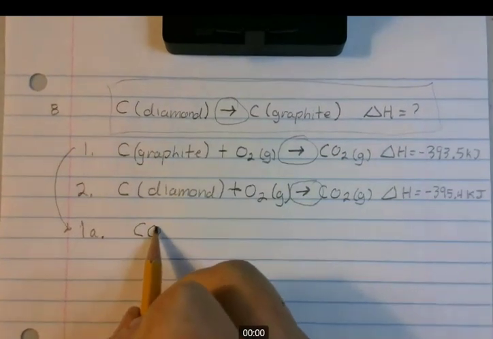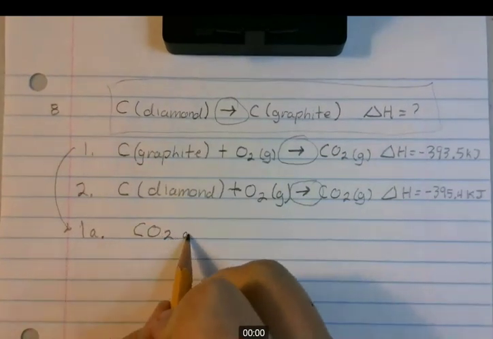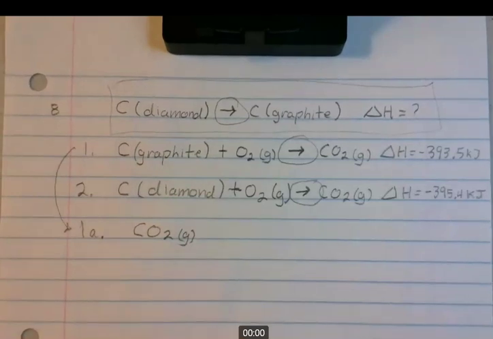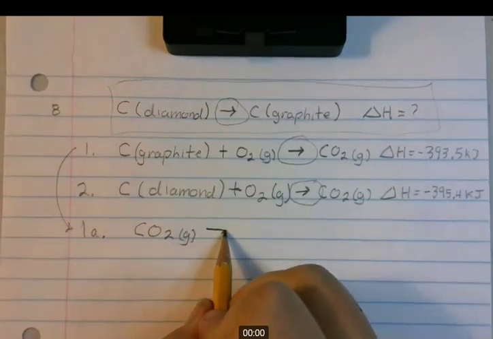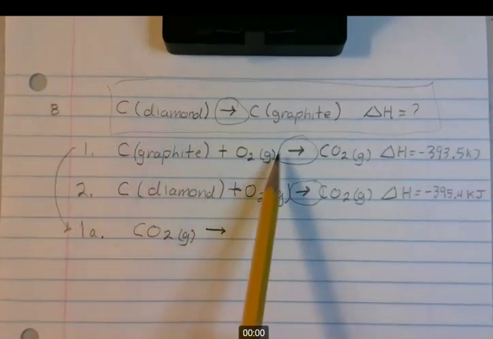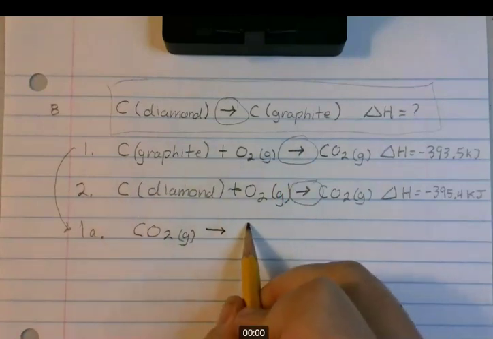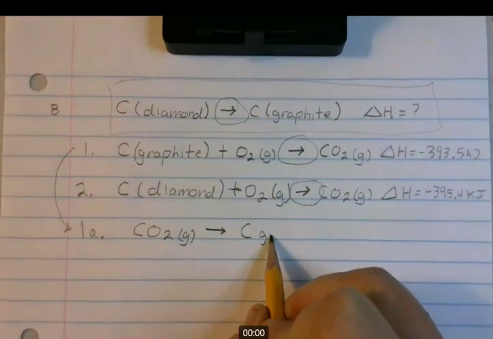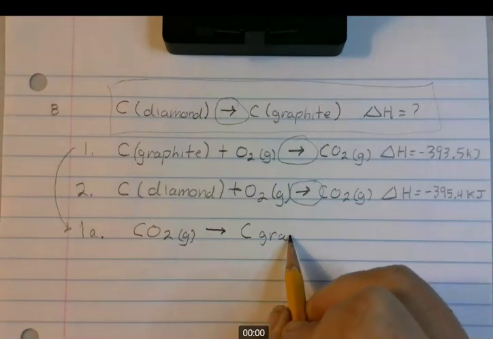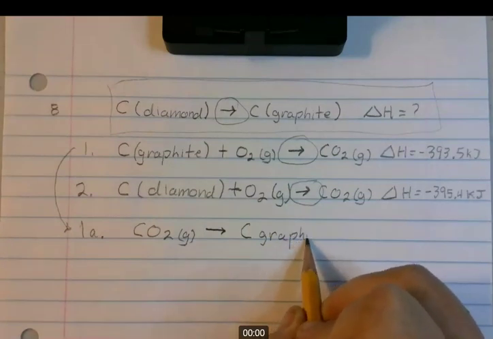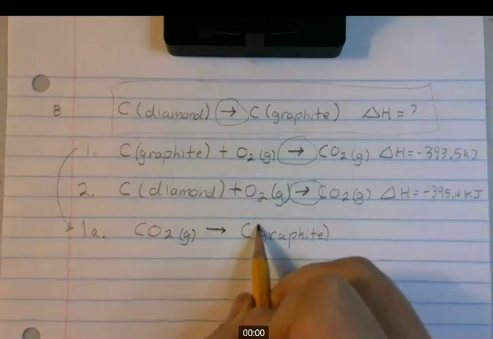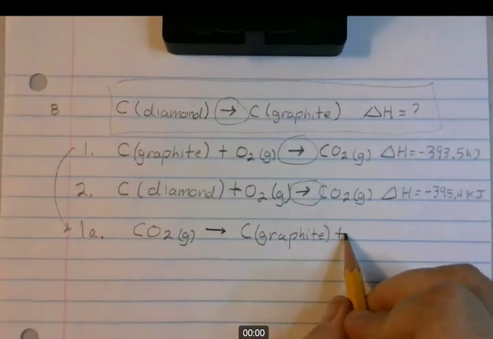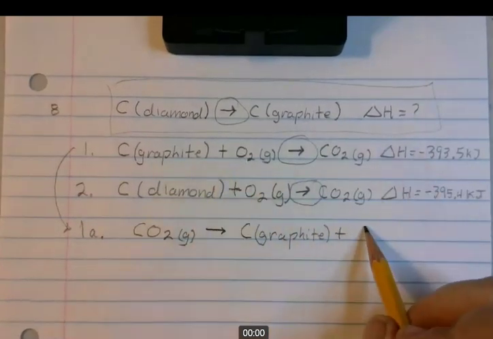So CO2, gas. Then I have the arrow, and everything that was on the reactant side goes over to the right. So that's C graphite plus the O2 that's with it.